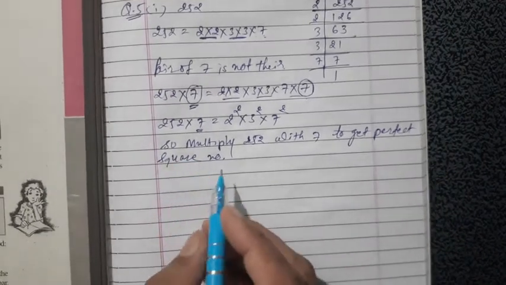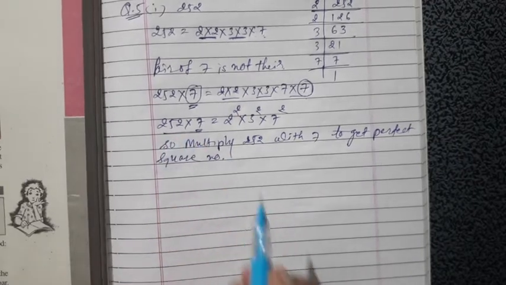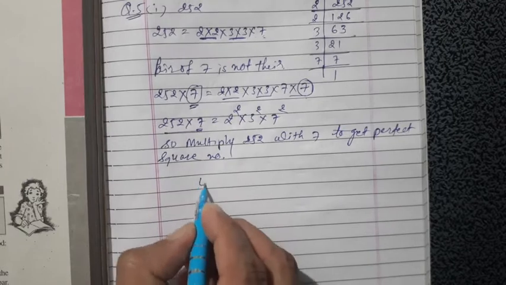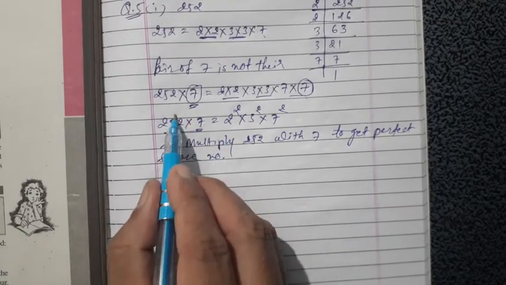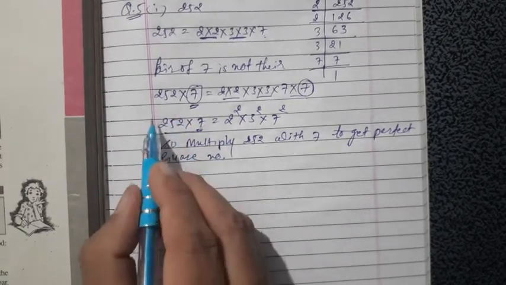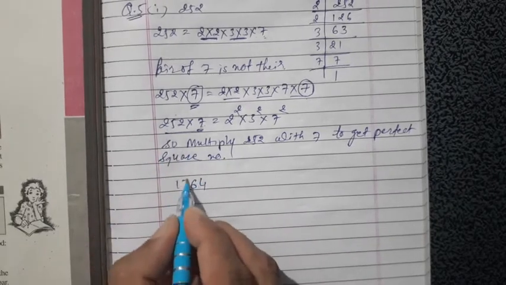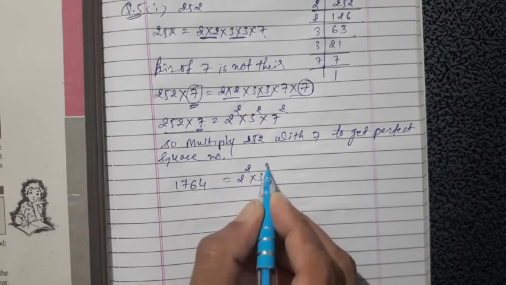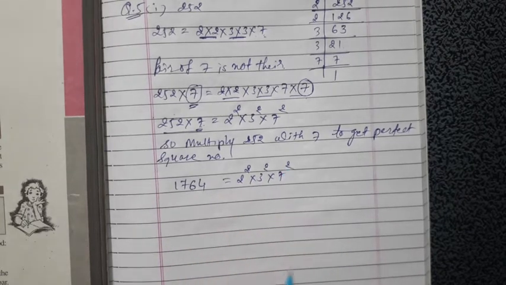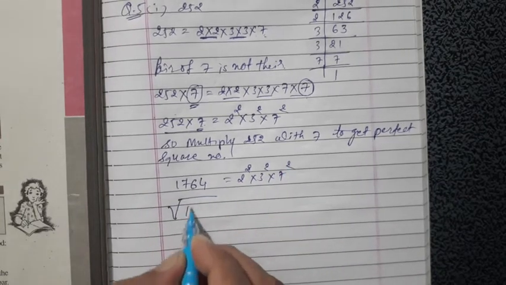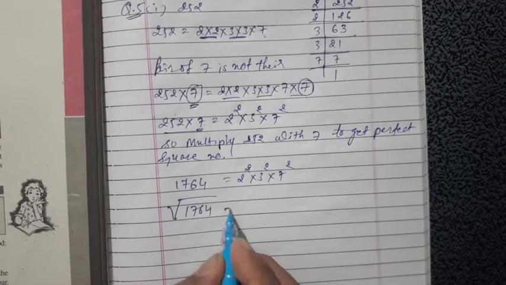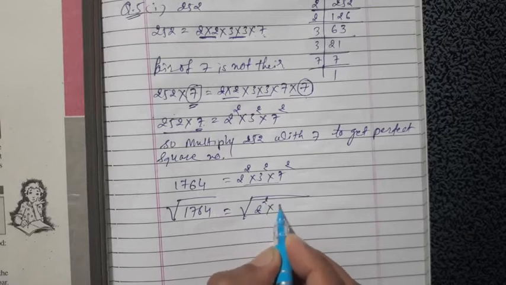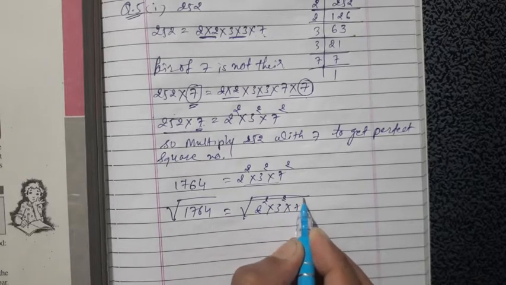Now also find the square root of the new number. Multiply 252 by 7: 7 twos are 14, 7 fives are 35, 7 twos are 14, carry 1, 17, so 1764, equal to 2 square, 3 square, 7 square. Now take the square root of both sides. The square root of 1764 equals the square root of 2 square, 3 square, 7 square.